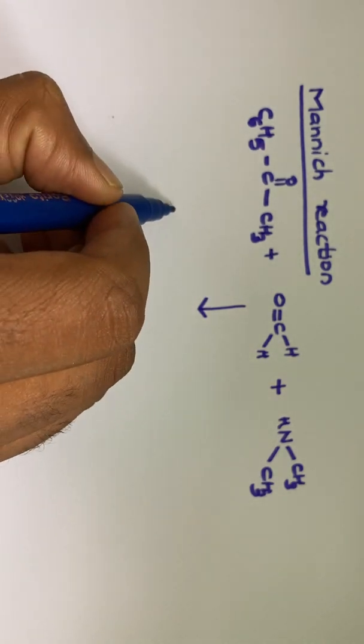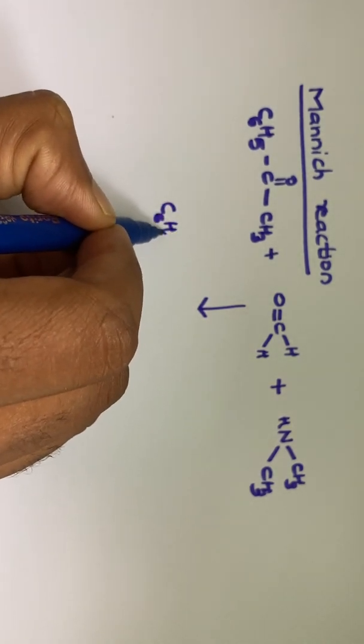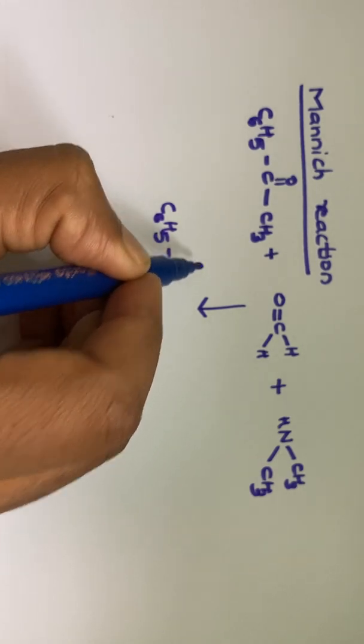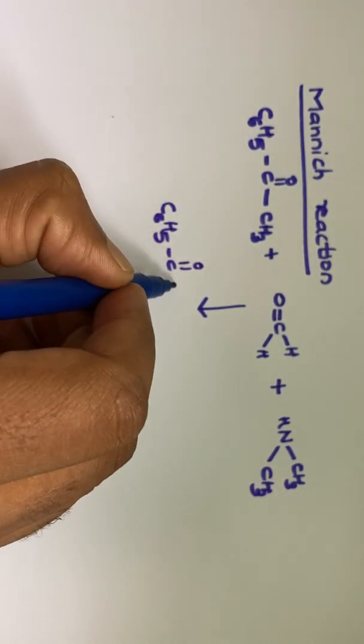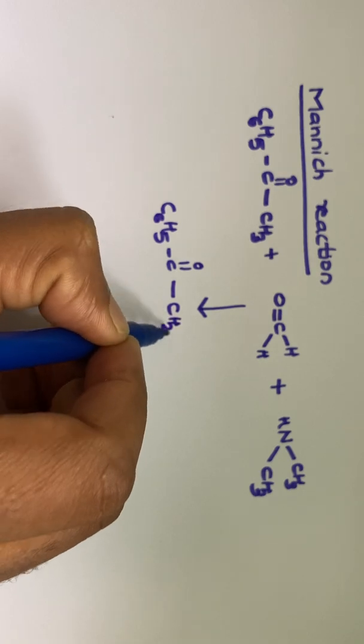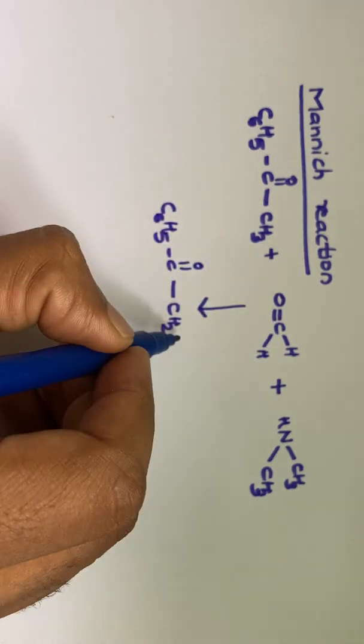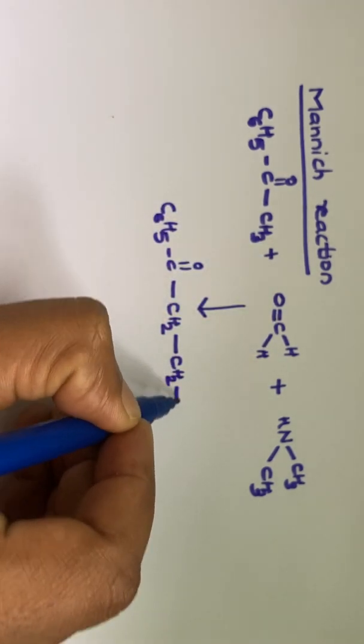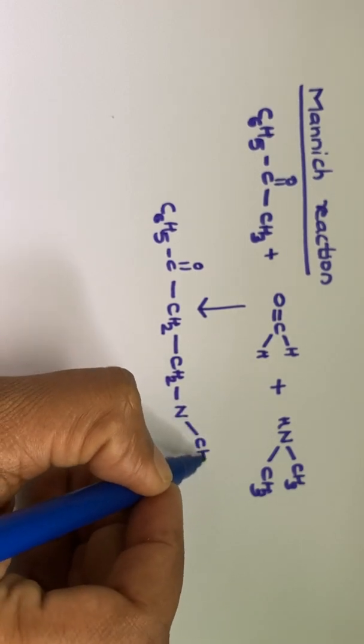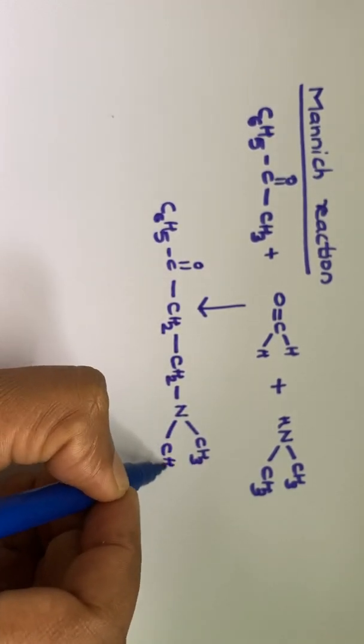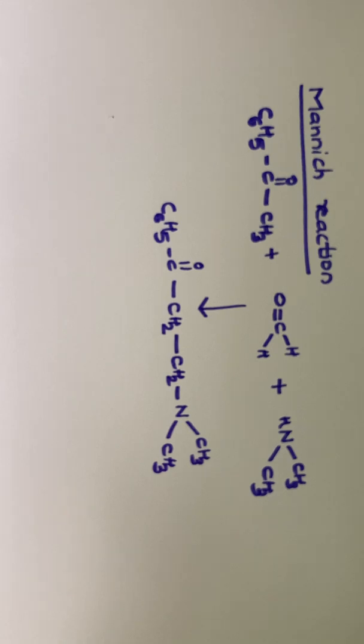So it will be C6H5, C double bond O, CH2, N, CH3. This is what is formed.